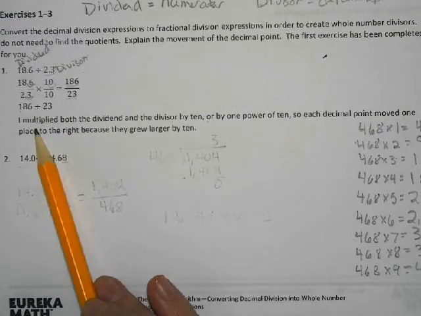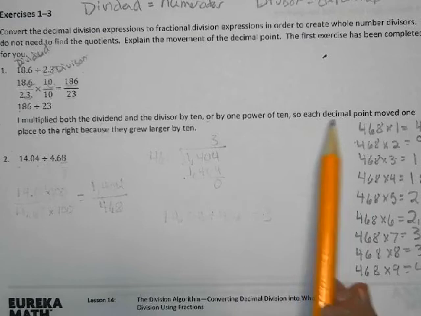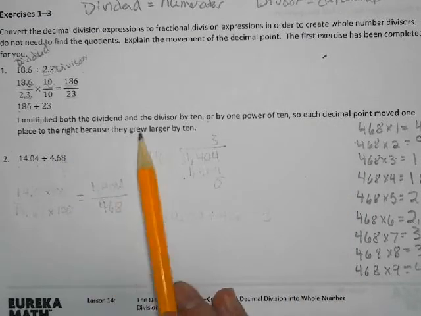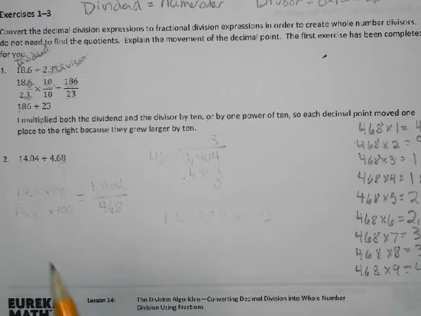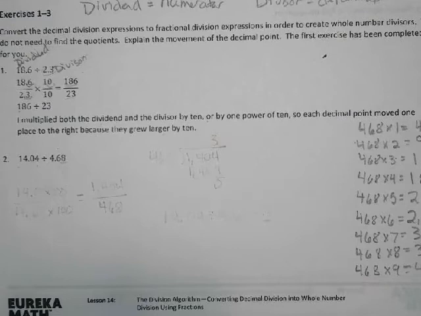And you multiplied the dividend and the divisor by 10, so that each decimal moved 1 place to the right because they grew larger by 10. So you're going to write this same sentence, it's just going to be by whatever number you multiply by rather than 10, because it's not 10 every time.